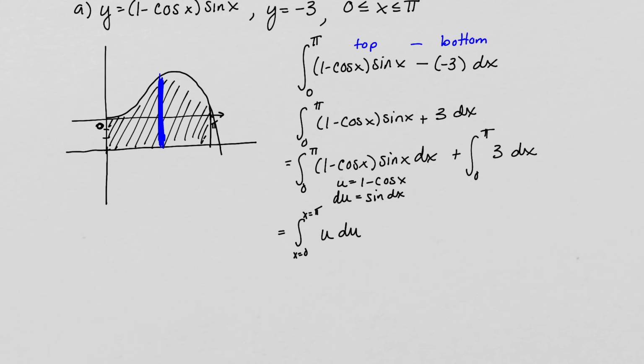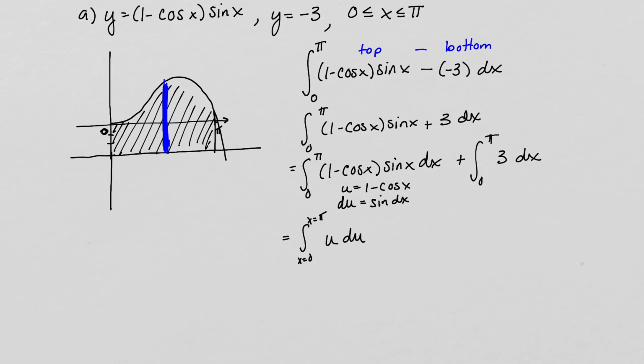So we're just going to finish this first integral first here. So the integral of u is u squared over 2. So we get u squared over 2. And then in our case, u is 1 minus cosine x. So 1 minus cosine x over 2. What's the integral of 3?